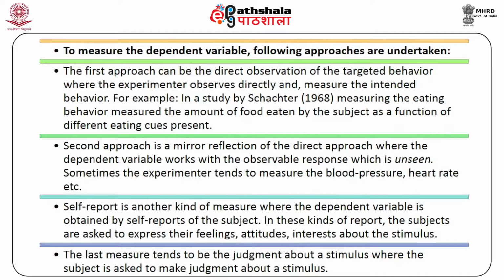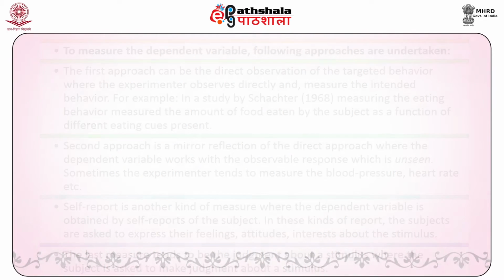In these kinds of reports, the subjects are asked to express their feelings, attitudes and interests about the stimulus given to them. The other measure tends to be the judgment about a stimulus, where the subject is asked to make a judgment about the independent variable introduced.